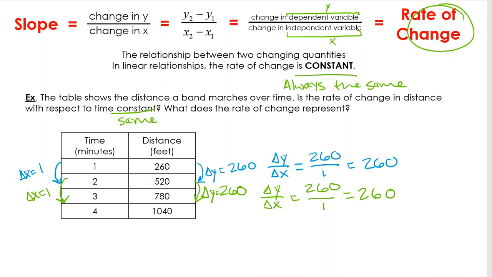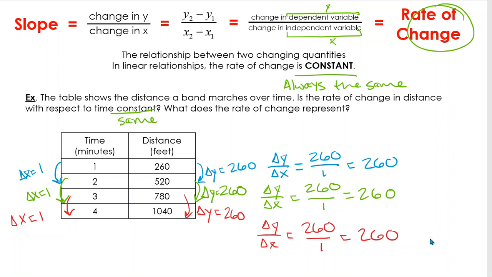So we still have to check the last one because we have to make sure that this is constant all the way through. So here from 3 to 4, our change in x is 1. From 780 to 1040, our change in y, delta y, is 260. So again, our change in y over our change in x is equal to 260 over 1, or 260. So yes, this is constant.